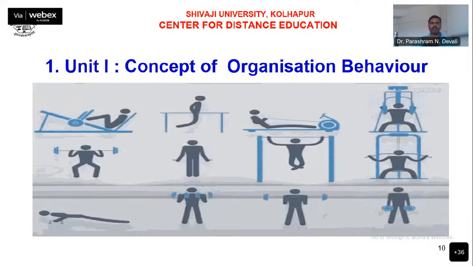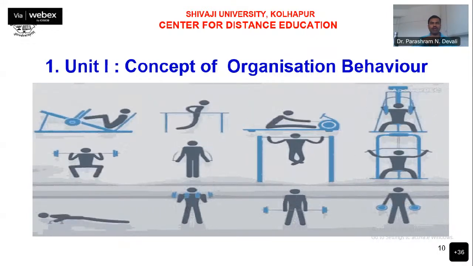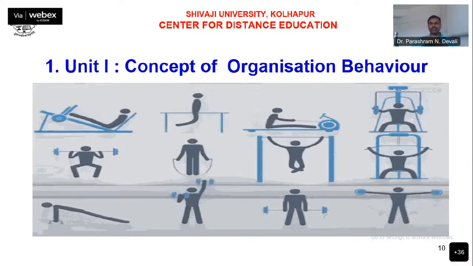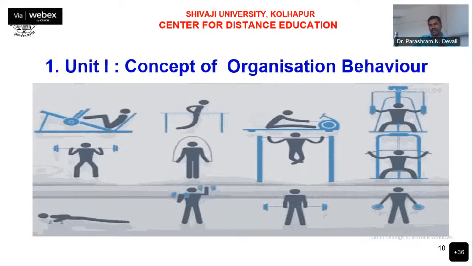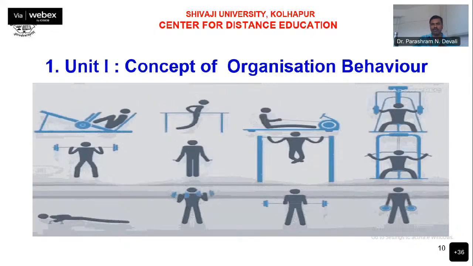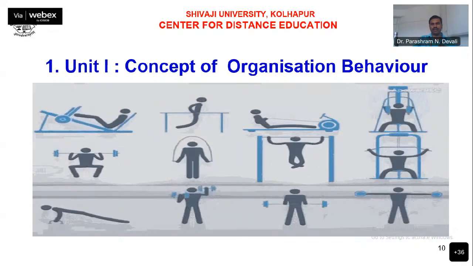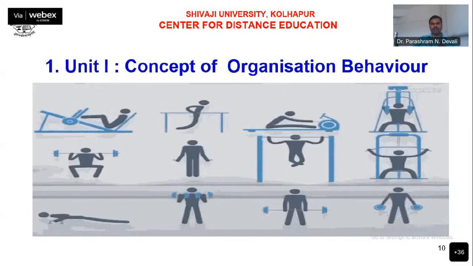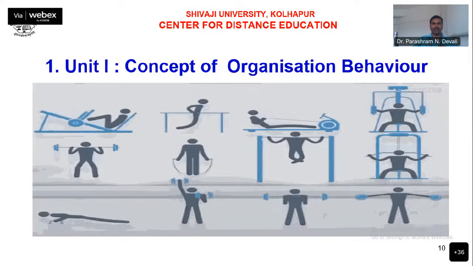But when we think about organization, we want to come together and make efforts to achieve the common goal of the organization. The basic thing is, when we take admission for MBA, we want to understand people. We want to manage people. And for this purpose, we should learn the concept of organization behavior.